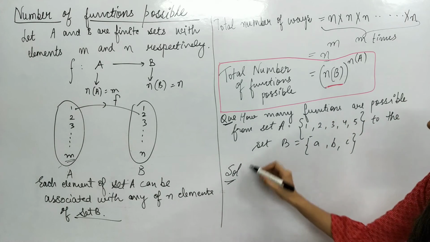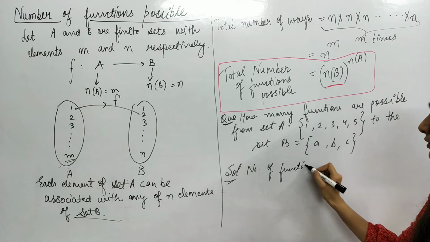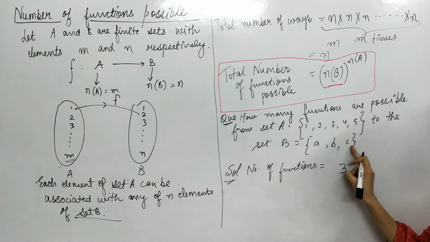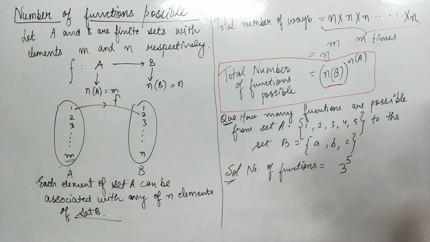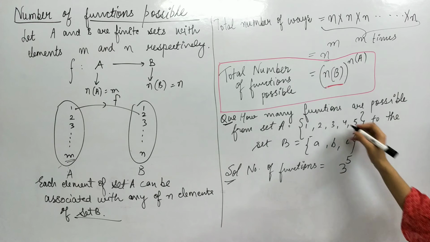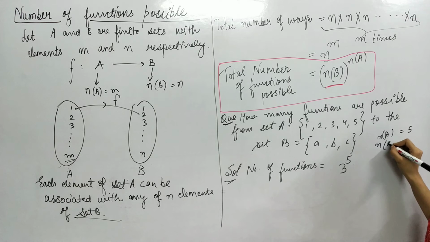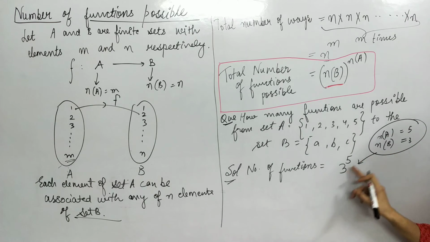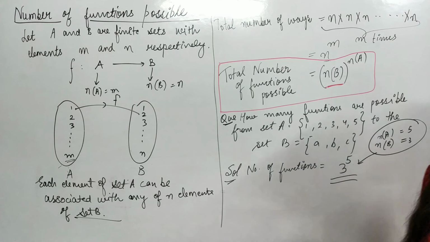The number of functions possible is the number of elements in set B, 3, raised to the power of the number of elements in set A, 5, so 3 to the power 5. As the number of elements in A is 5 and in B is 3, you write the number of elements in B raised to the power of the number of elements in A. This will give you the total number of functions possible from set A to set B. In this way you have to find it.